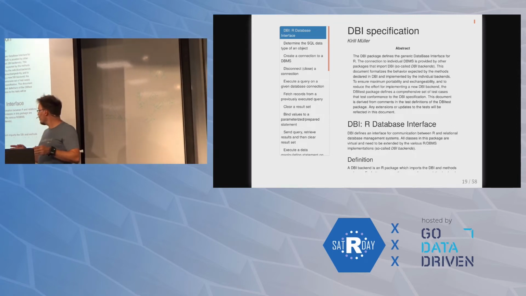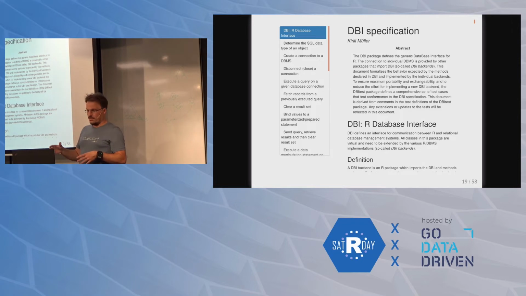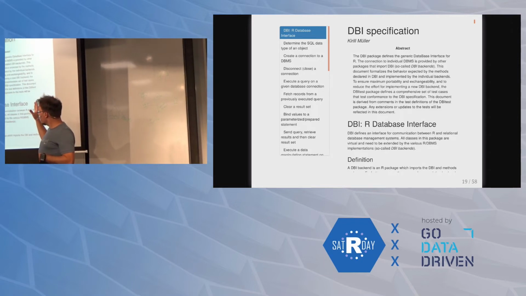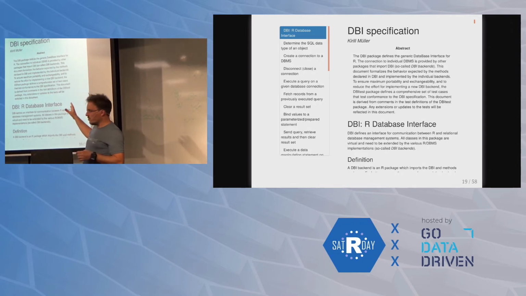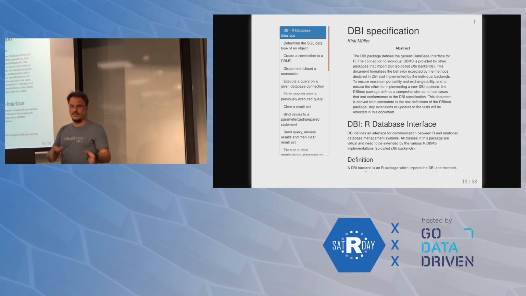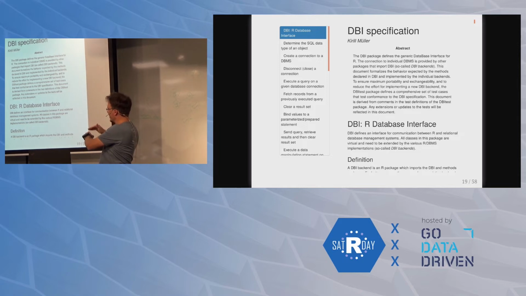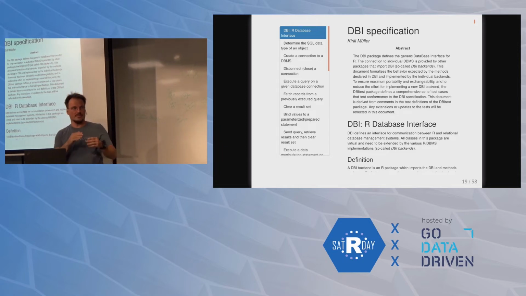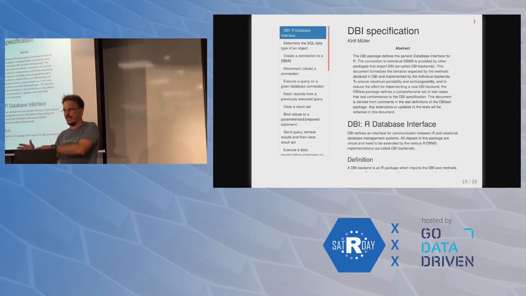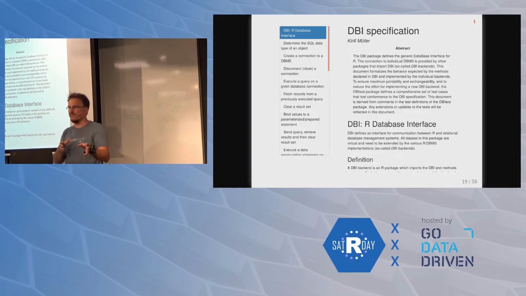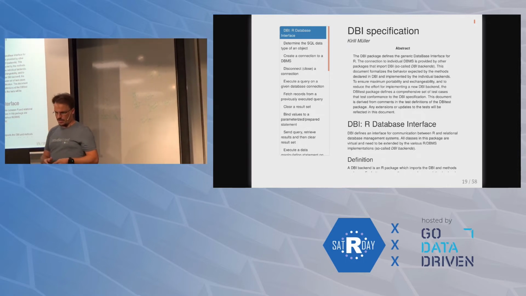I tried to be comprehensive, and this thing is only half of it. So this is the text, and there's also code that implements tests for these promises line by line. So this code can be run against the database backend and verify if it's compliant to the specification.